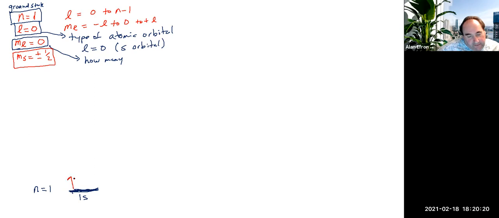The first one would go in, and again, that means that the m sub s would equal plus 1/2 in that case, with the arrow pointing up. And the m sub s would equal minus 1/2 with the arrow that needs to go, based on Pauli's exclusion rule, in the opposite direction. First off, any questions on what each of those numbers represent?